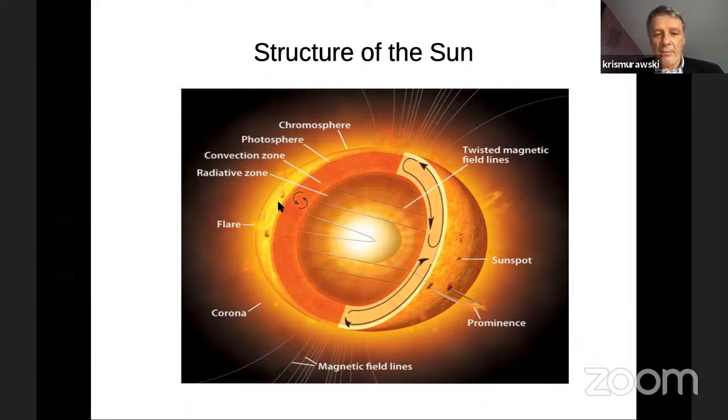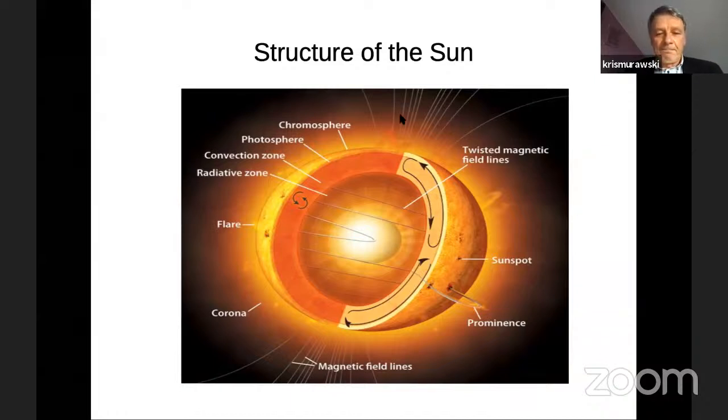In the photosphere, we have such characteristic structures as sunspots, for instance. The solar photosphere occupies a region of about 500 kilometers, and a 3 times thicker layer which caps the photosphere is called the chromosphere.